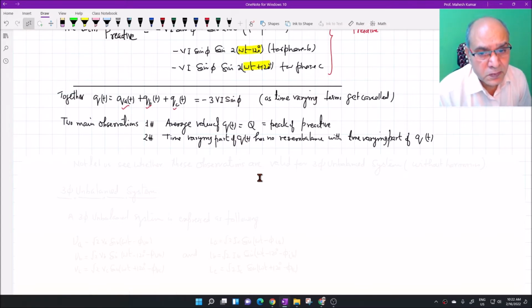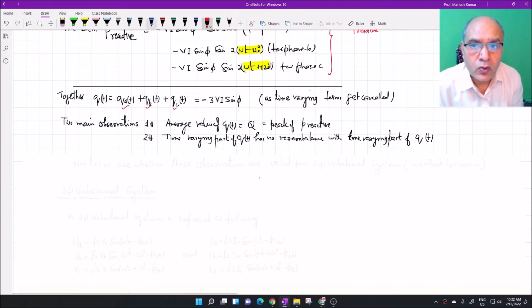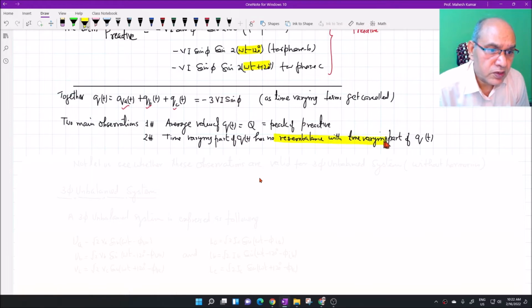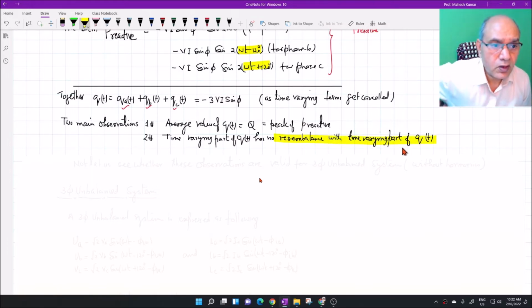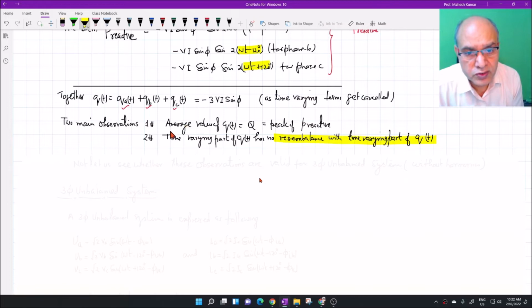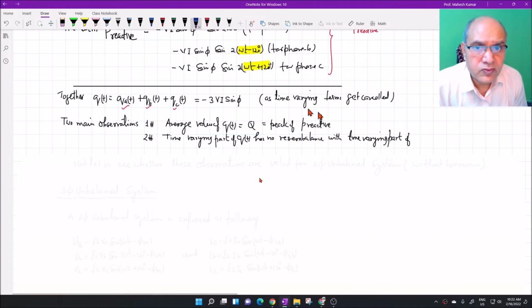And the second thing is very important. Although the average value is fine, the time varying part of Qt, that is the pulsating part of Qt, has no resemblance with the time varying part of P reactive.